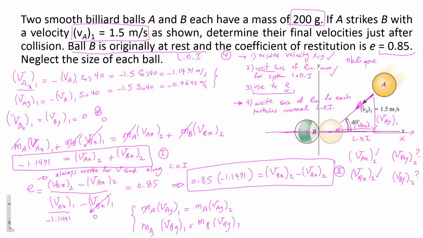The masses are the same, so VAY1 is equal to VAY2. So VAY2 is equal to minus 0.9642 meter per second, and VBY2 is equal to 0. Remember, VBY1 was 0.